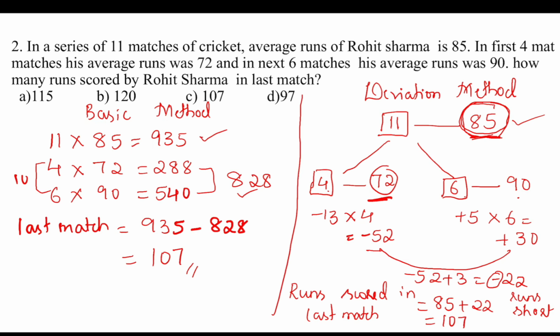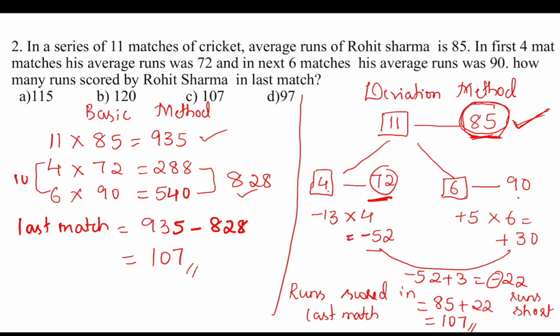So if he scores 107 runs in the last match, then 85 will be his average in all the 11 matches. Okay, so this deviation method will reduce a lot of calculation and also it saves a lot of time, but you have to understand it properly. So the runs scored in last match is 107.